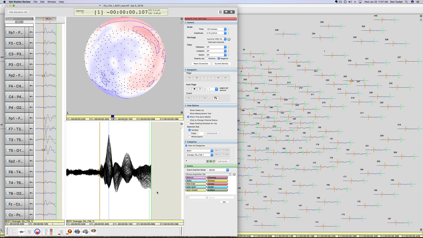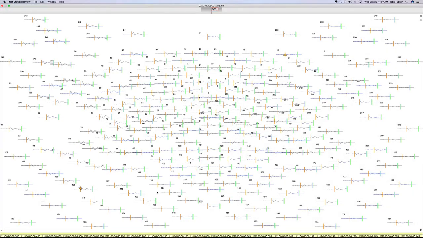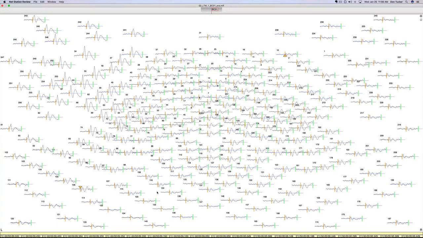As we look at this first small blip in the butterfly plot, we can look at it in the map and the butterfly plot. We can also look at it across the head with all 256 channels, where the texture and pattern of the EEG can be rapidly seen.